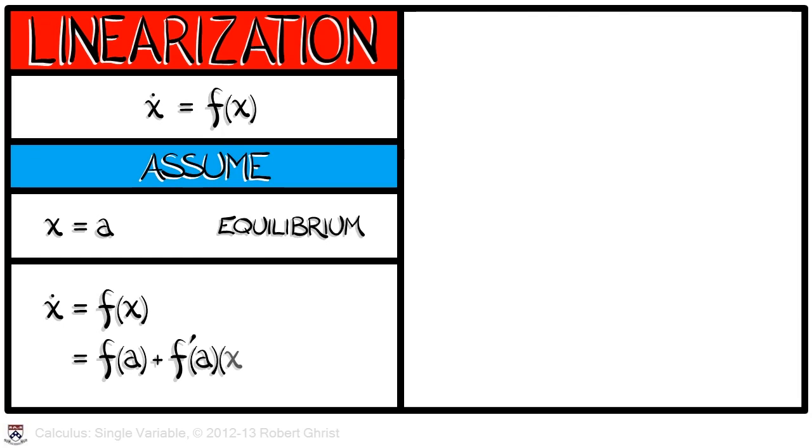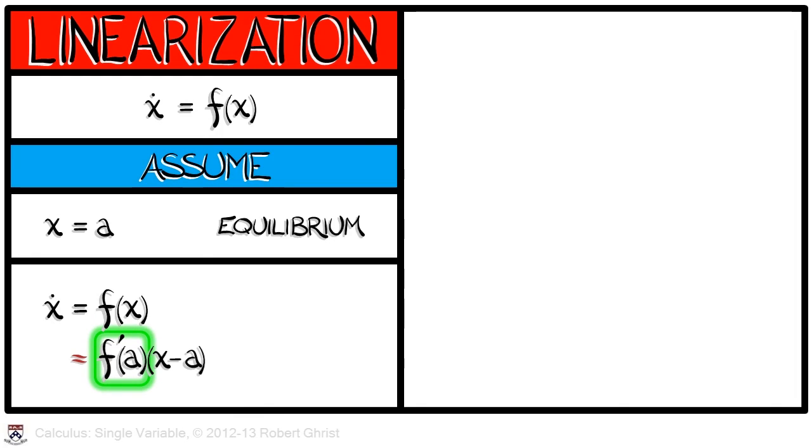X dot equals f of x, but that is, as you know, f at A plus f prime at A times x minus A, plus some terms in big O of x minus A squared. Now, because A is an equilibrium, that means x dot equals 0 there. X dot is f of x, so f at A vanishes. That means we have x dot is f prime at A times x minus A plus higher order terms.